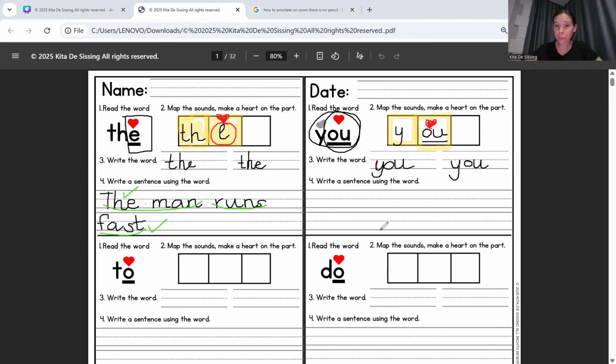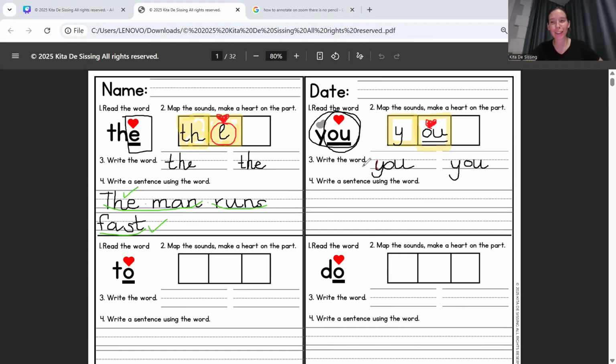All right. So now we're going to write a sentence with the word you. And I'm going to write a sentence dedicated to you. And it's going to be, you are so smart. All right. So let's start our sentence, always starting with a capital letter, thinking about my organization, spacing in between my sentences, making sure that my sentence makes sense, my punctuation, and my spelling.